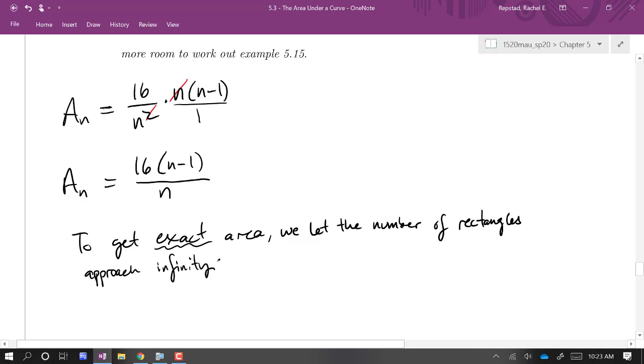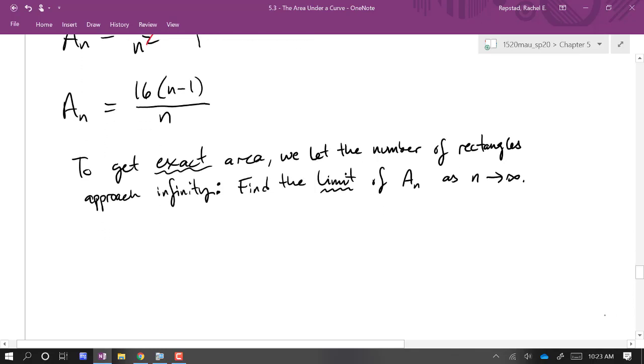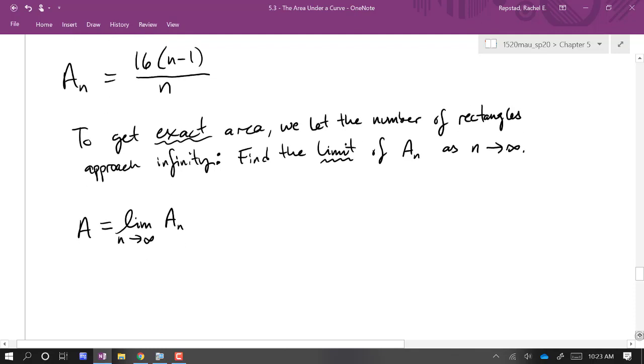This is a limit, right? We're going to find the limit of a sub n as n approaches infinity. So the exact area is the limit as n approaches infinity of the approximate area with n rectangles. That's generally true. Now we're just going to apply it in this particular situation.